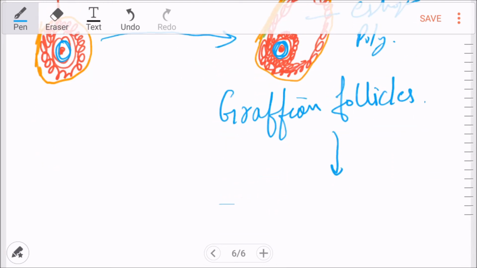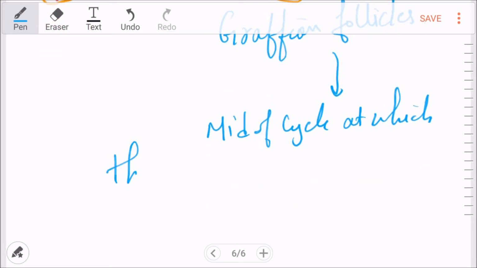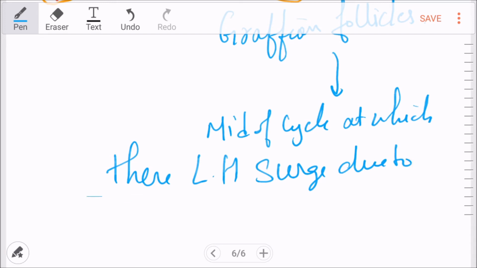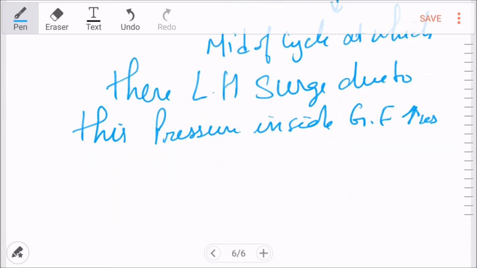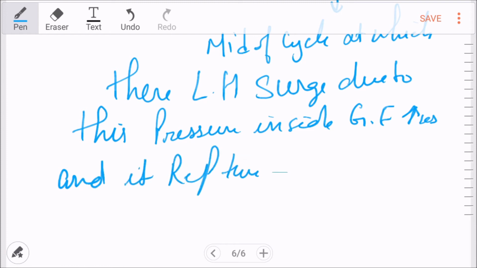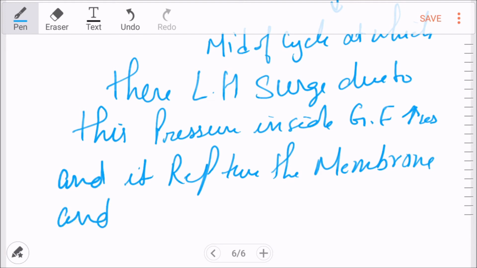Now at the mid of the cycle, there is an LH surge, due to this the pressure inside the Graafian follicle increases and it ruptures the membrane and the ovum comes out.